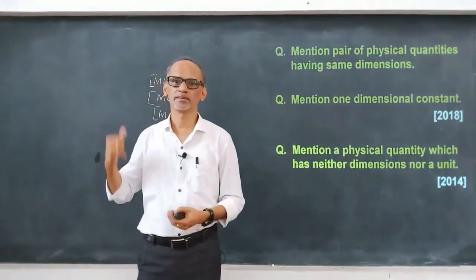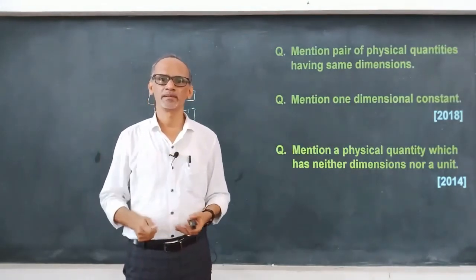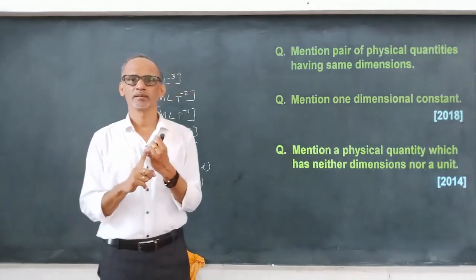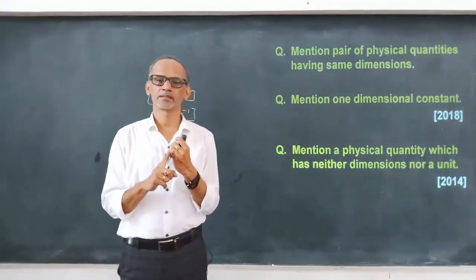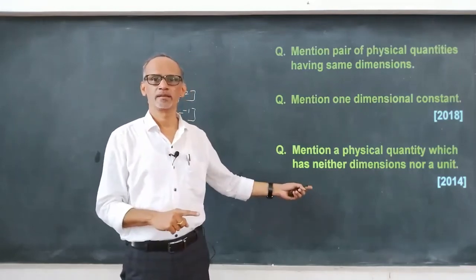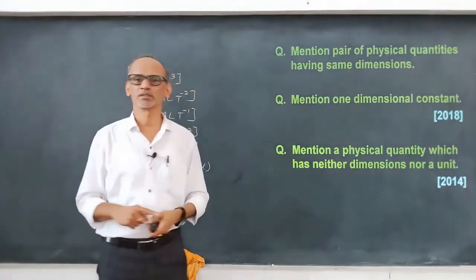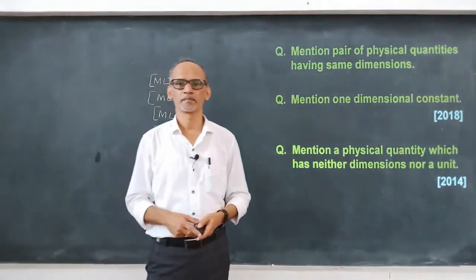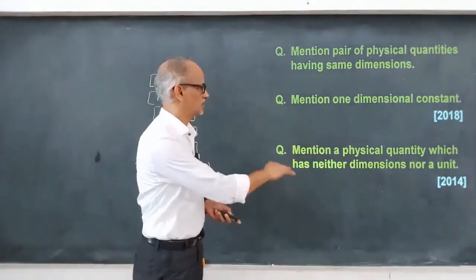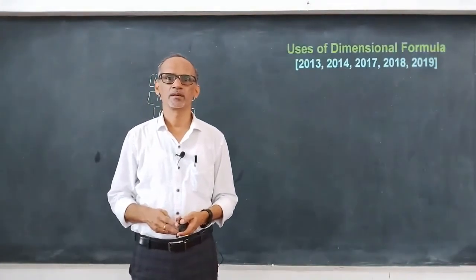I had given examples for non-dimensional variables. Remember, those are three: refractive index, efficiency, and strain are examples of this. Hope all these things are clear to you all.